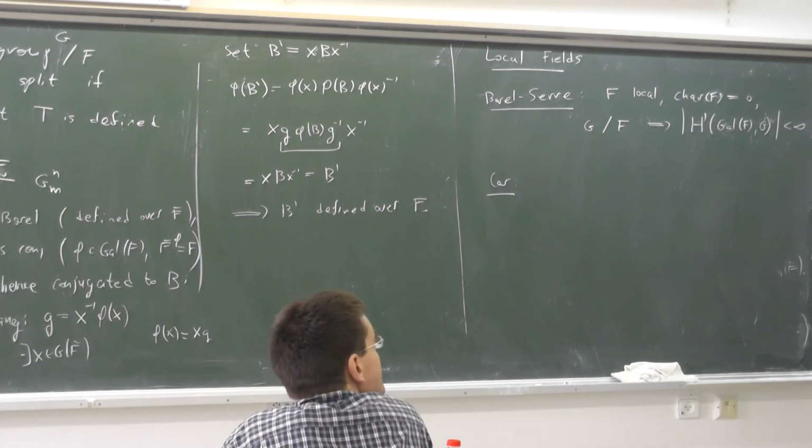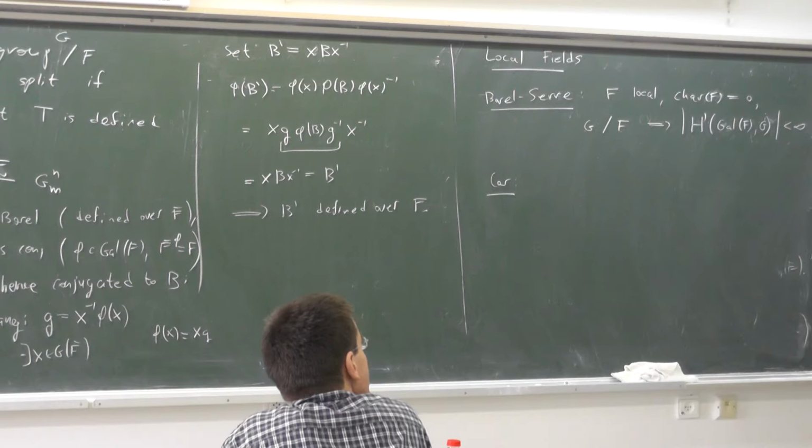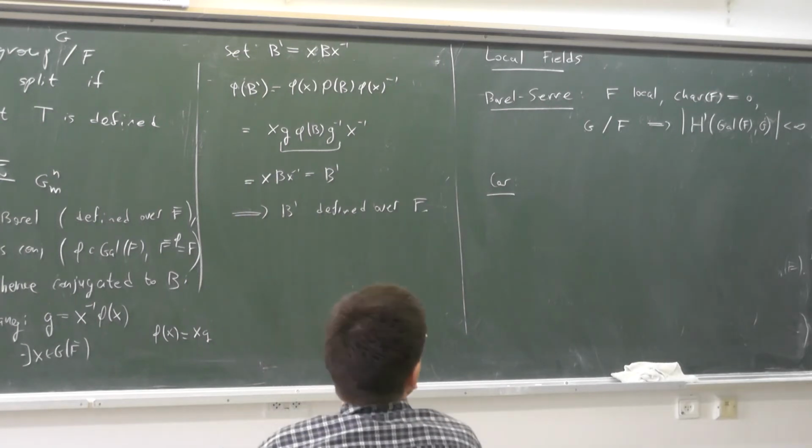As we said, and used a few minutes ago, over an algebraically closed field, if an algebraic group acts on an algebraic variety, the orbit structure is very nice. Every orbit is locally closed, and the closure of the orbit consists of orbits of lower dimension.